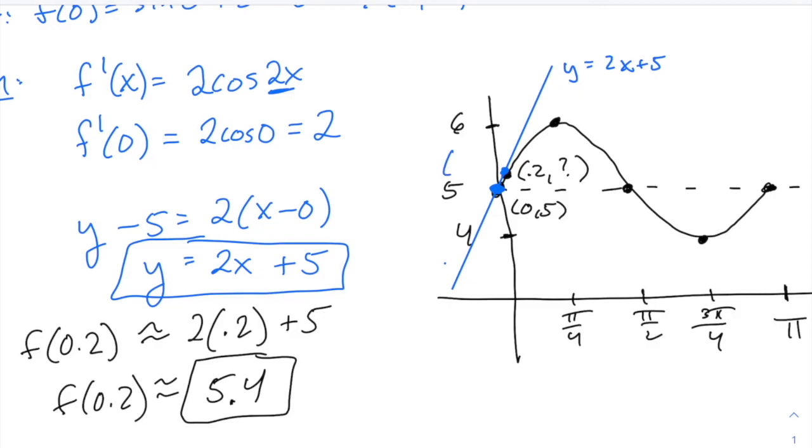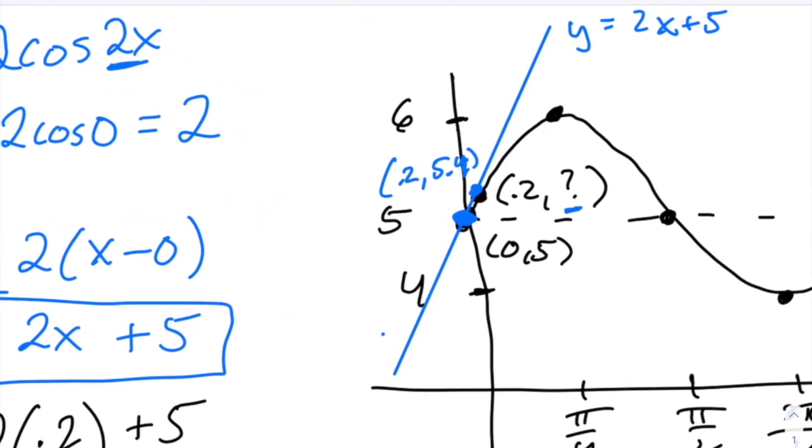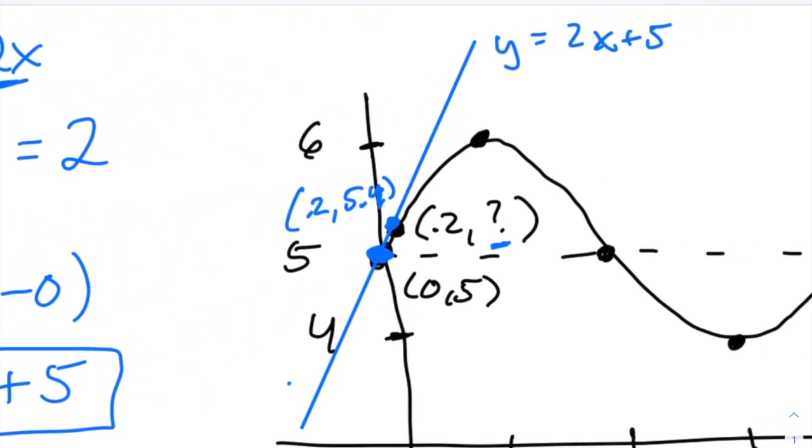On the line, the x value is 0.2 and the y value is 5.4. So this value that I really care about is probably in the neighborhood of 5.4. And as far as whether it's more or less, hopefully you can visualize this based on my rough sketch.